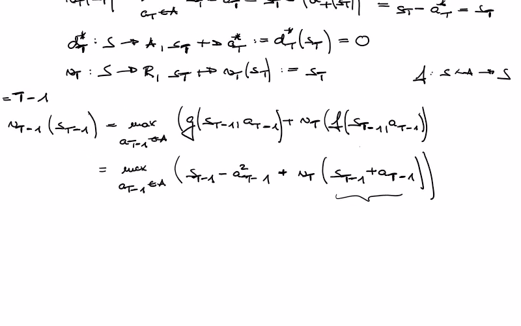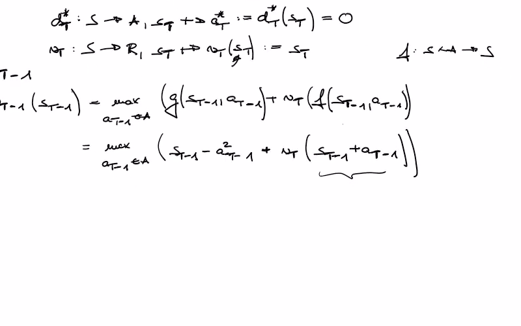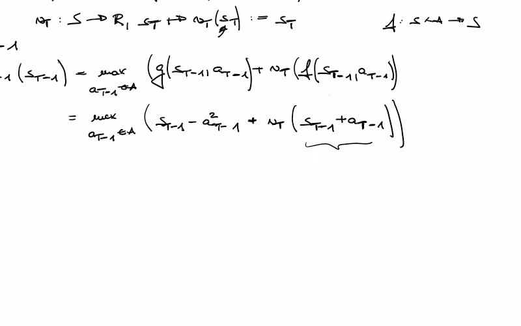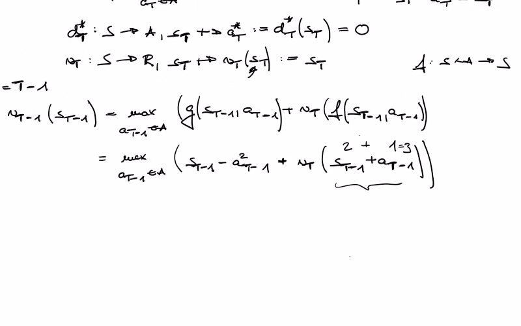And this state, whatever goes in here, is just given by the identity. So to make this really concrete, for example, if S_{T-1} is 2 and a_{T-1} is 1, then this says compute S_{T-1} plus a_{T-1}, which in this case is 3, and plug this into the optimal value function at the final time point.